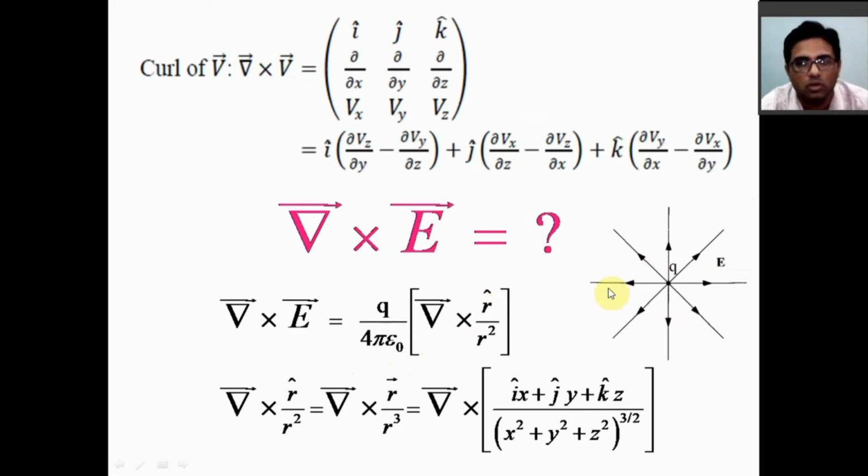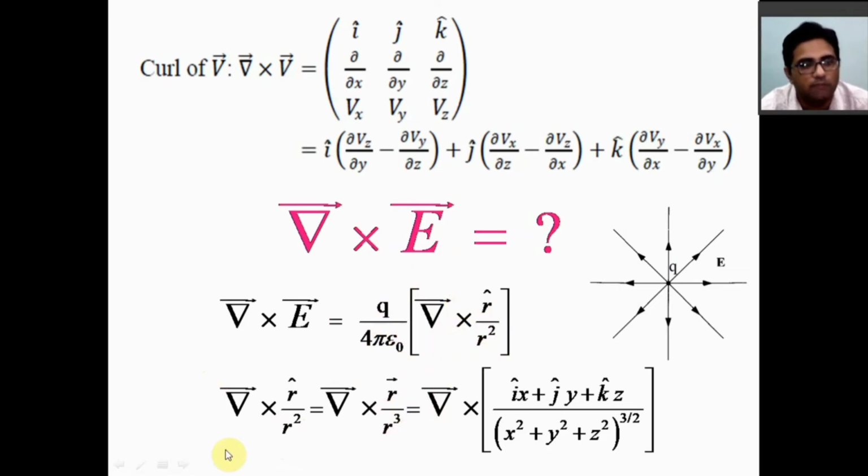Here r is one particular point where we want to find out the electric field. This r cap is the unit vector along the radial direction, so r cap can be written as r vector by r. So already there was r square, so it becomes r vector by r cube, and the constant comes out from the operator.